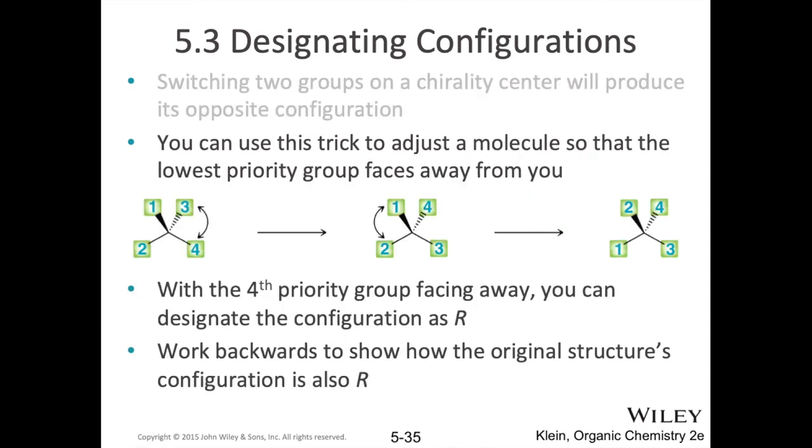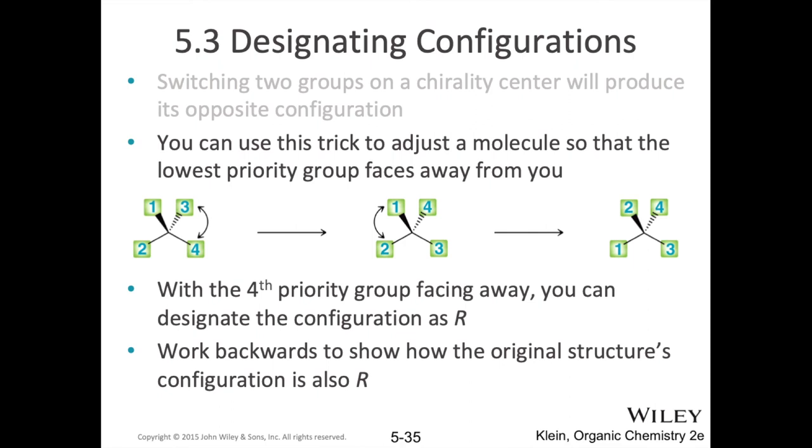So with that in mind, you can also use those tricks while manipulating a 2D picture on paper to visualize a 3D molecule. If that helps you rearrange things to get a Cahn-Ingold-Prelog model where the lowest priority group is away from you, that works as well if you don't have a model handy.